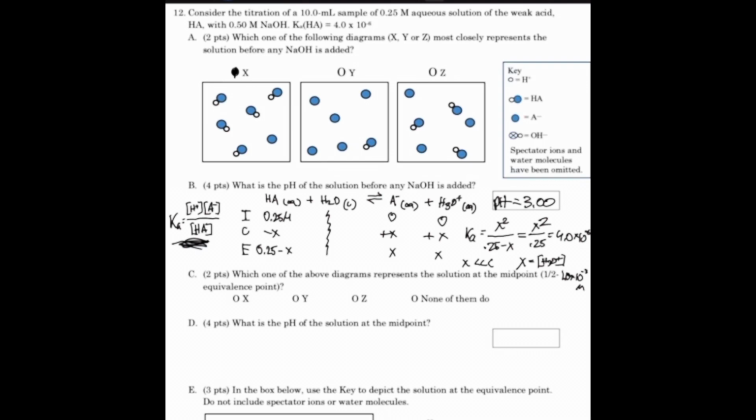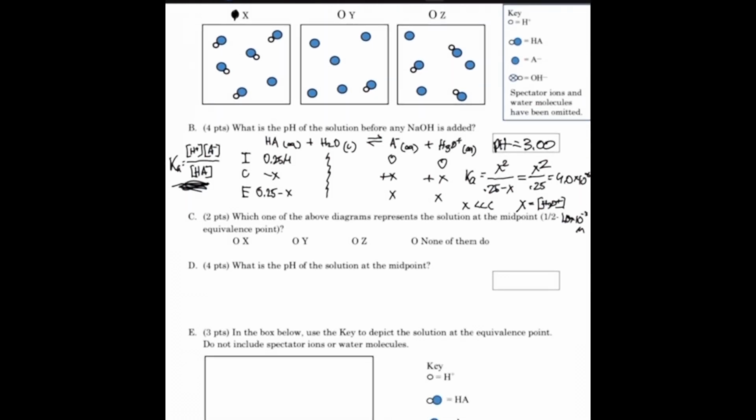Now, the next question asks which of the above diagrams represents the solution at the midpoint, which is 1/2 equivalence. This means that at the midpoint you have added enough strong base so that your strong base concentration in the solution is equal to 1/2 of that of your weak acid.